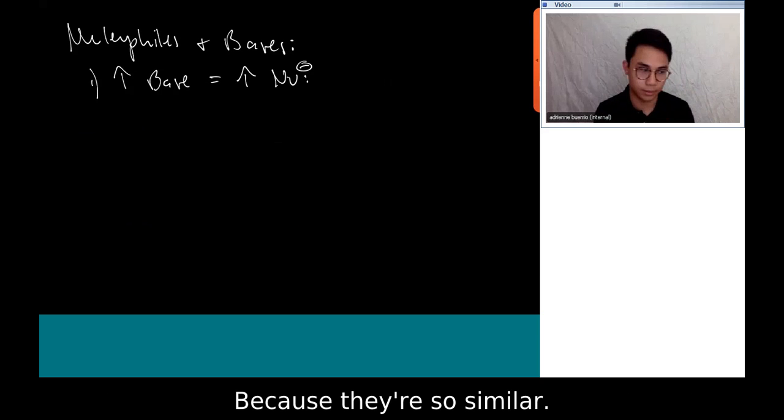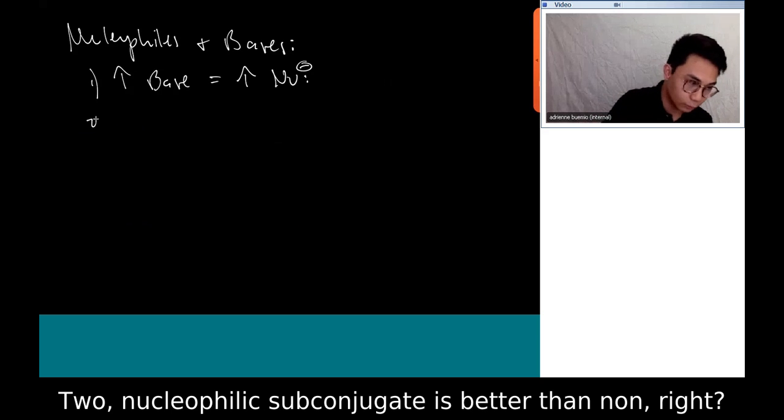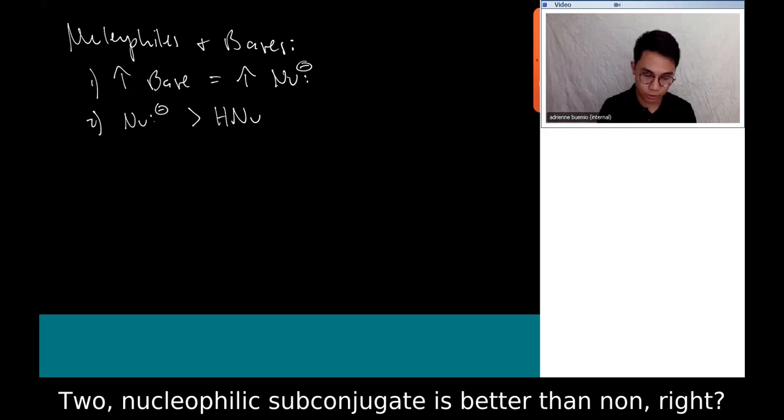I guess just to summarize: one, the stronger the base, the stronger the nucleophile, because they're so similar, right? Two, nucleophilic, right? So conjugate is better than non-conjugate, right?